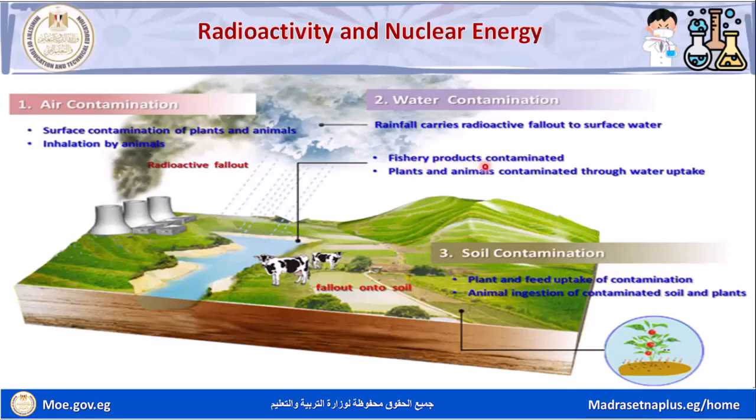Fishery products are contaminated. Plants and animals are contaminated through water uptake. Number three, soil contamination or pollution: land and feed uptake of contamination, animal ingestion of contaminated soil and plants.